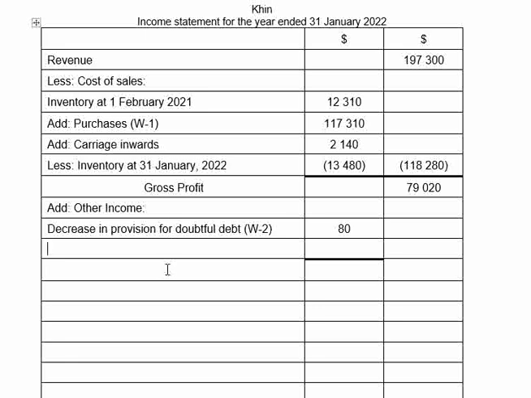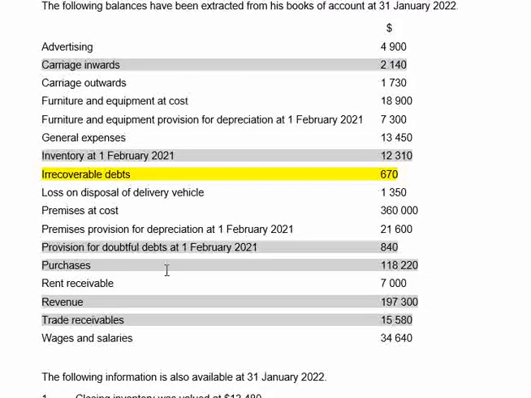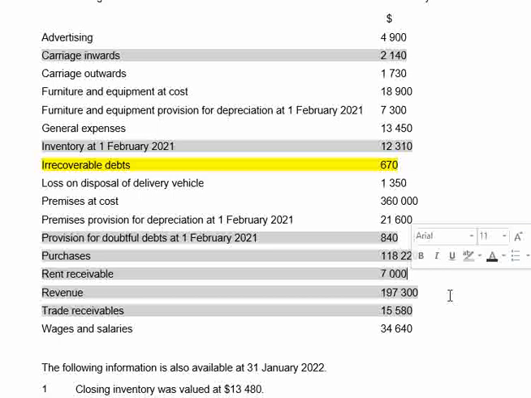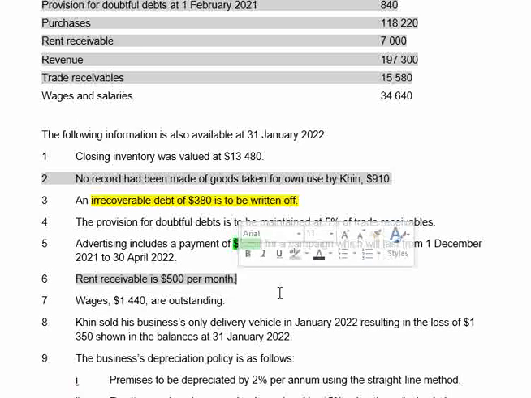I hope this is understandable to you. Okay, then we will move on and take other income. Is there any other income here in the question? Yes, there is. You have been given rent receivable of 7,000, but there is an adjustment here. Rent receivable is 500 per month. This is quite straightforward.